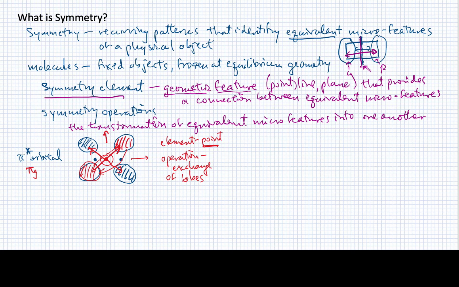Now, obviously, this is just one of many possible elements. I want to give you an idea of what some of the elements are that we're going to be talking about, and the ways that we refer to them symbolically, so that we can all be speaking the same language and writing the same thing. There are several different elements that we will be caring about.